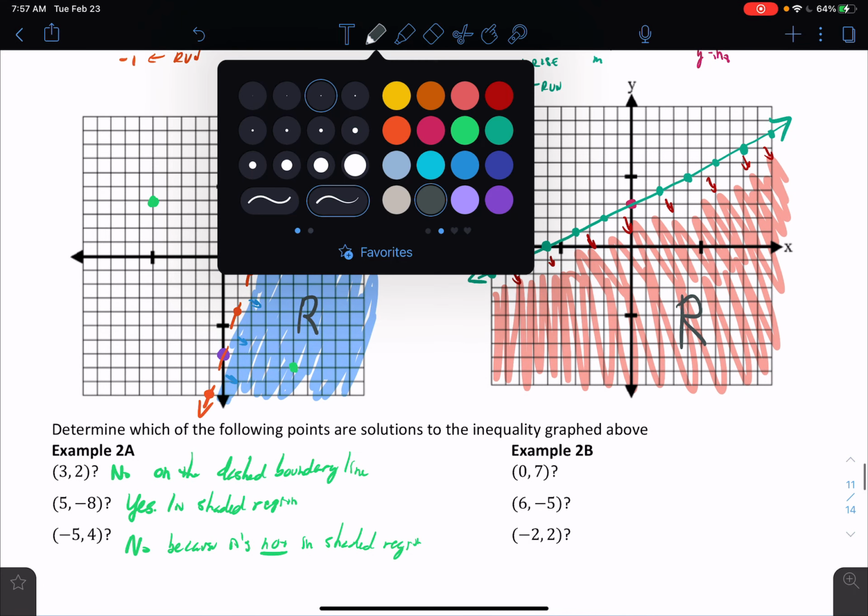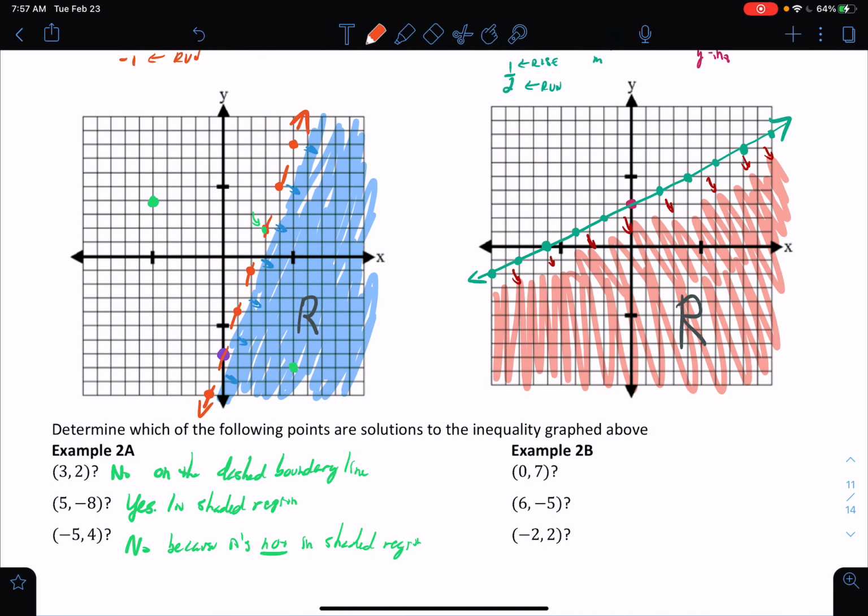So first off, we've got (0, 7). That's way up here. No, that's not in the shaded region or on the solid boundary. What about (6, -5)?